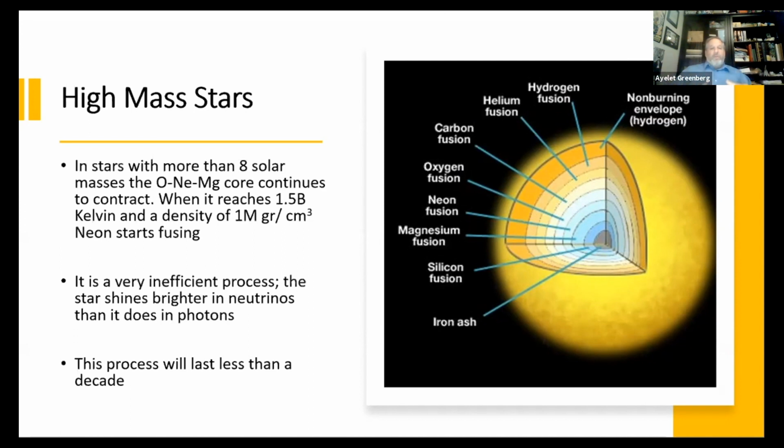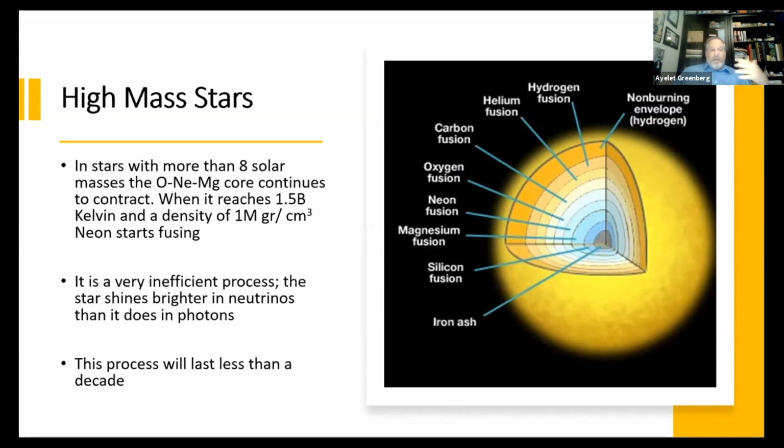Through every square inch of our body, we have about 60 billion neutrinos going through us every second, emanating from the heart of the sun. So these are really small particles with a huge amount of energy that are just flowing out. Right now, there's a bigger amount of those than there are photons generating light for this star.